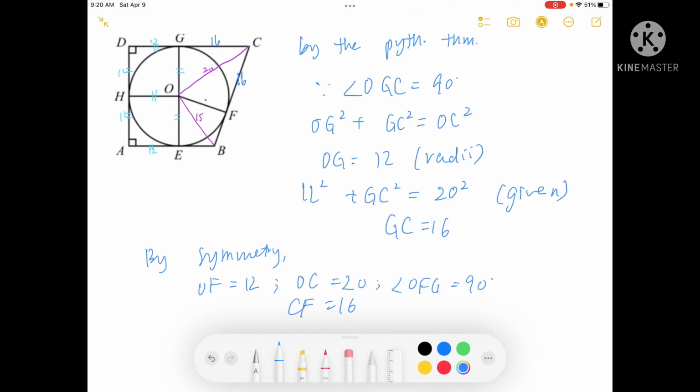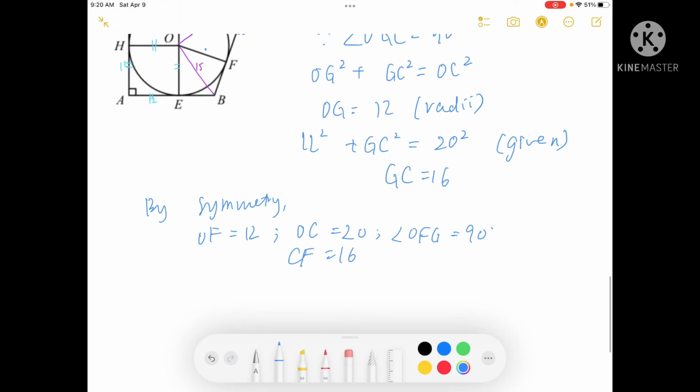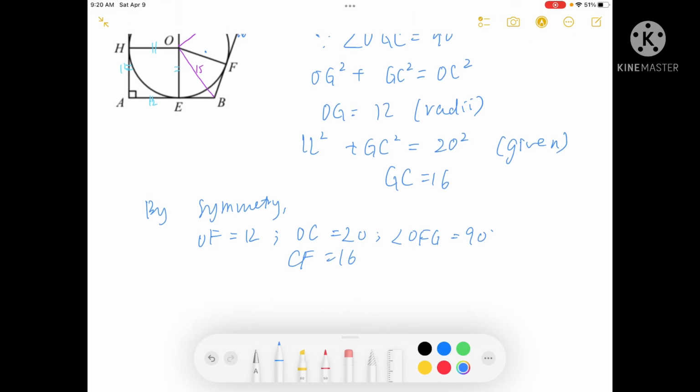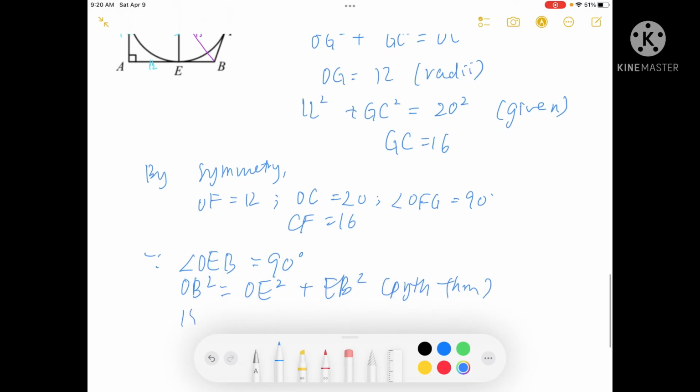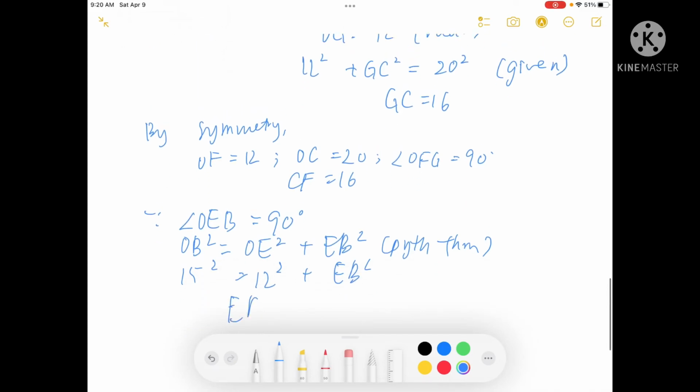And then now we can find EB and BF because angle OEB is equal to 90 degrees. OB squared is equal to OE squared plus EB squared, Pythagorean theorem. OB is 15, so 15 squared is equal to 12 squared plus EB squared. So then we can find that EB is equal to 9.